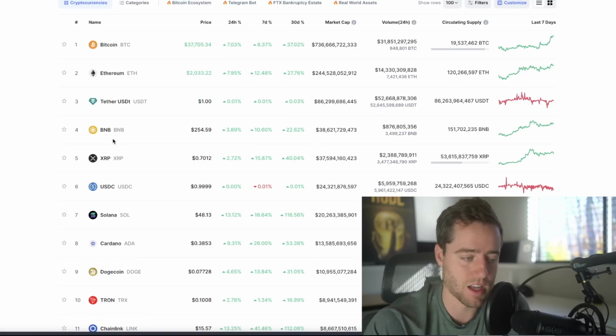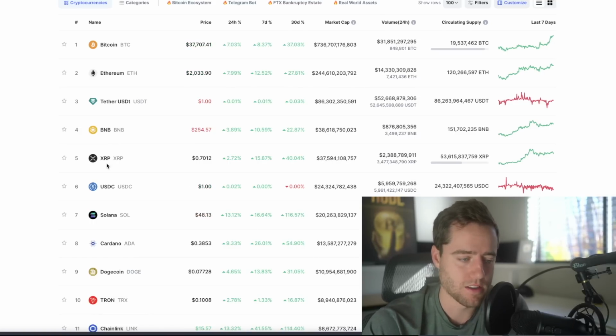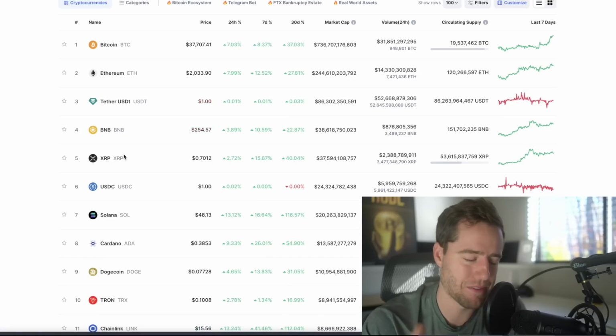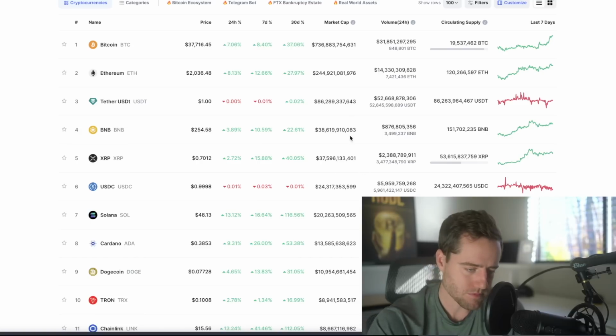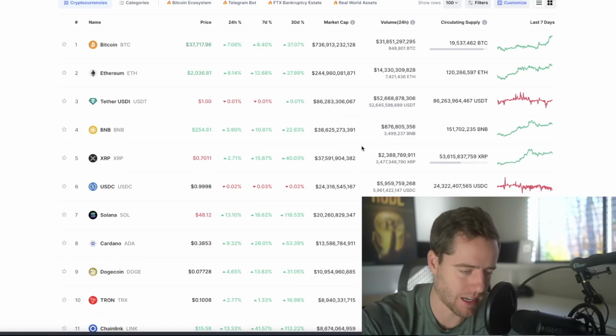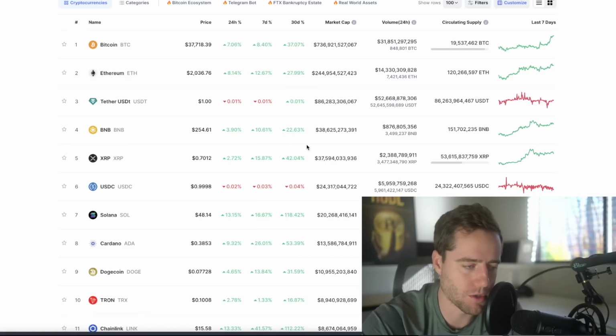So if there's a lot of BNB that's trying to be sold, then $1 billion won't push up the price as much as if XRP, there's only like 10 XRP tokens, right? Because no one's selling. That causes the price to change differently as well. But I would look at market cap. I'm getting on a tangent there, but market cap is really how you determine how big a cryptocurrency is.